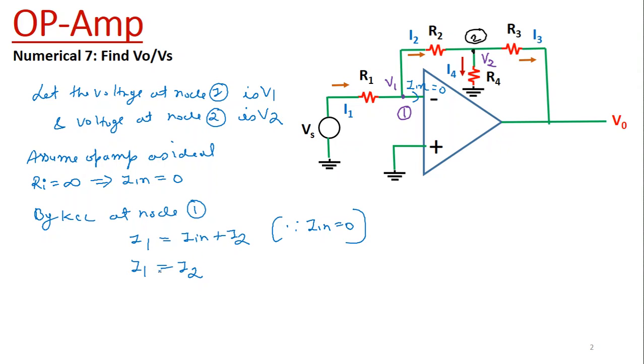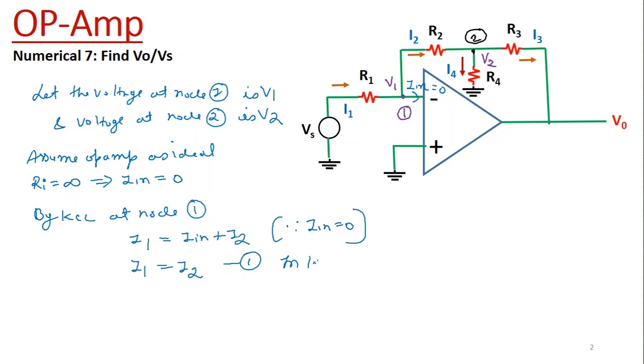So we find I1 and I2 from this circuit diagram now. What is I1? I1 will be Vs minus V1. This will be equation number 1.